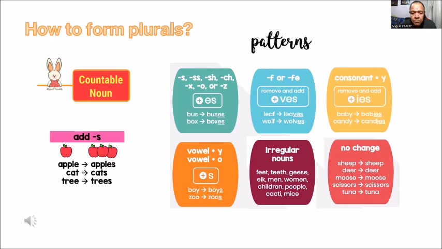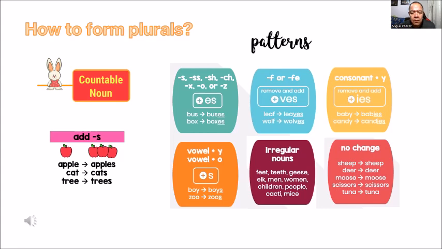Add es to nouns ending in s, ss, sh, ch, x, o, or z. For example, bus, buses, box, boxes. If a noun finishes in f or fe, remove it and add ves.